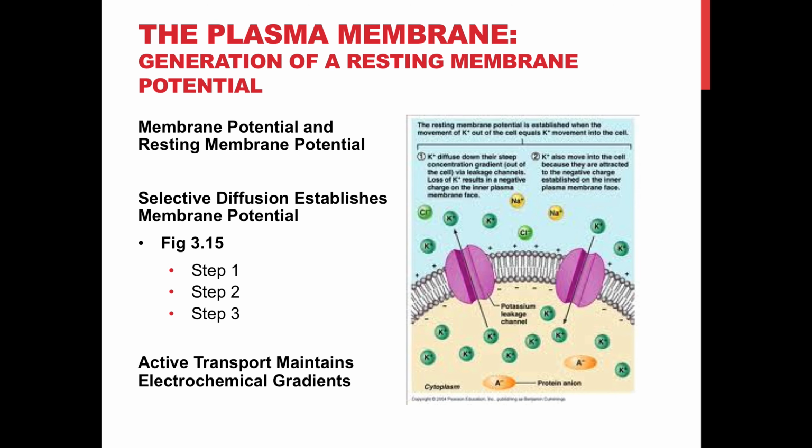The charge separation doesn't become strong enough to hold back the concentration gradient of potassium until -90 millivolts. So enough positive potassium has to leave to make the cell's interior, right along the plasma membrane, have a -90 millivolt difference in the electrical gradient.